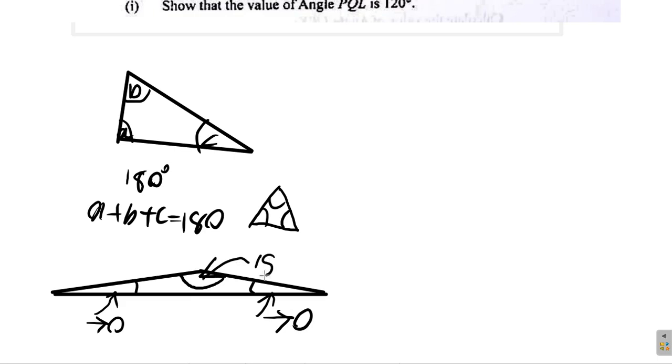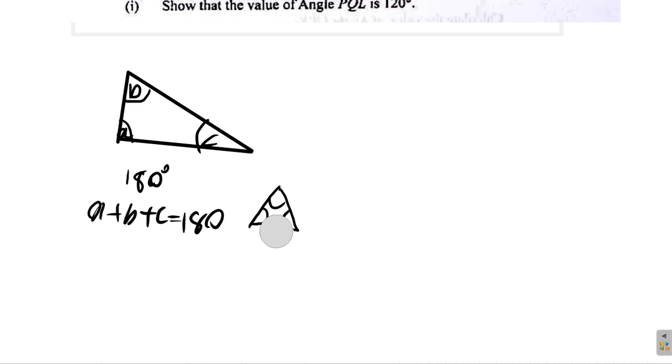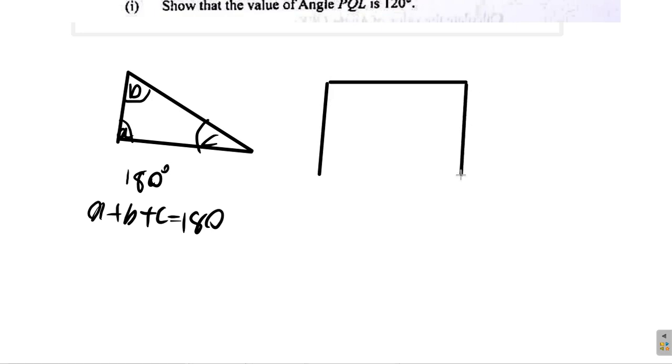A straight line, 180. So you can see that the internal angles of a triangle indeed add up to 180 degrees. Remember, we're not just doing the question here. I want to discuss the theory behind the question.